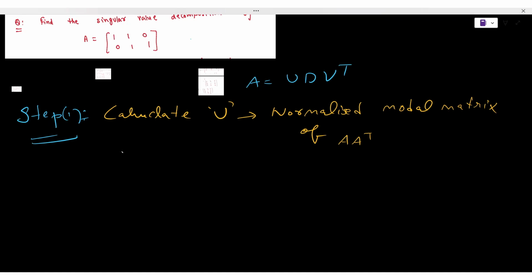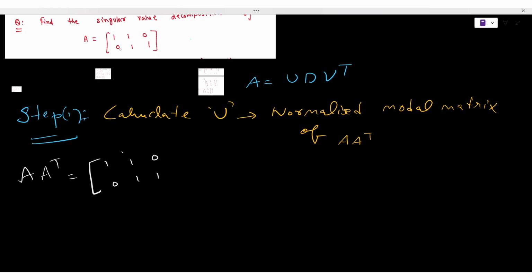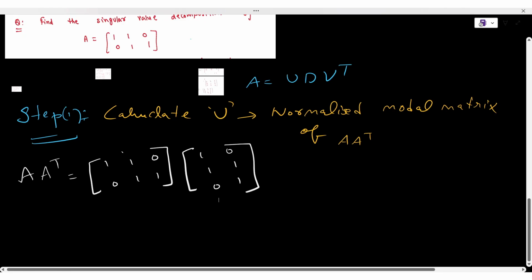See here. A into A transpose is equal to 1 1 0, 0 1 1. This is A. Into A transpose, which is 1 0, 1 1 and 0 1. Okay.